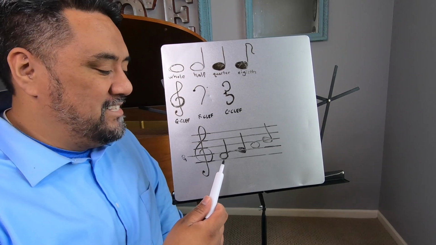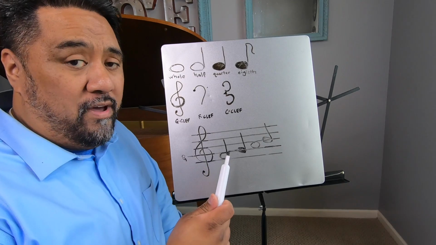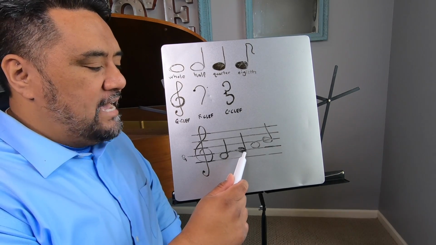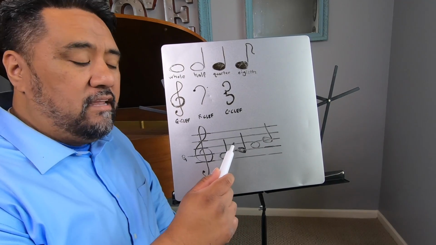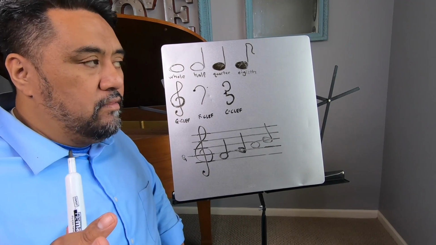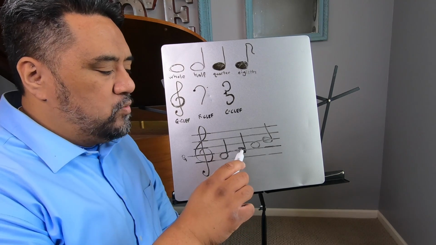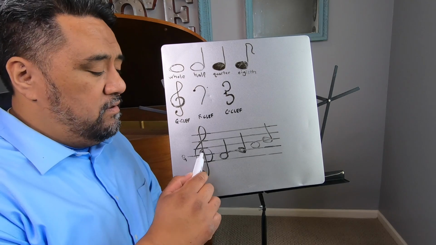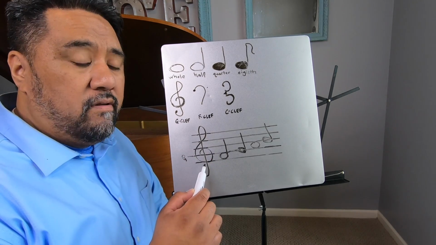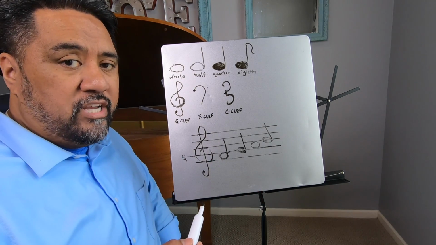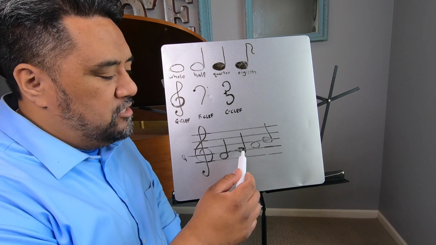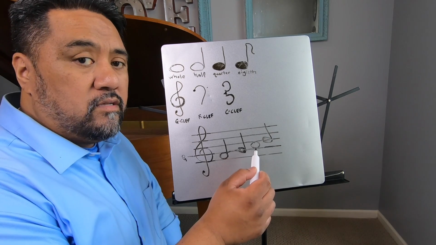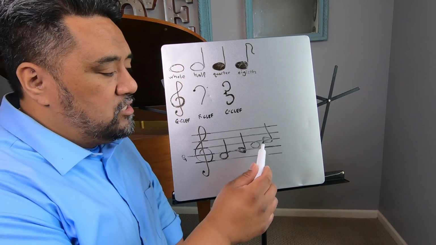This G represents the G in the 4th octave, or G4 on the keyboard. Now we know exactly where that key of all 88 keys on the piano, we know exactly which one this note indicates. One, because of the G clef on the second line, or the treble clef, and this is always going to be G4 on the piano. So now we know that's G4, and then the octave starts again on the next note. So now we're on A5, and so on and so forth.